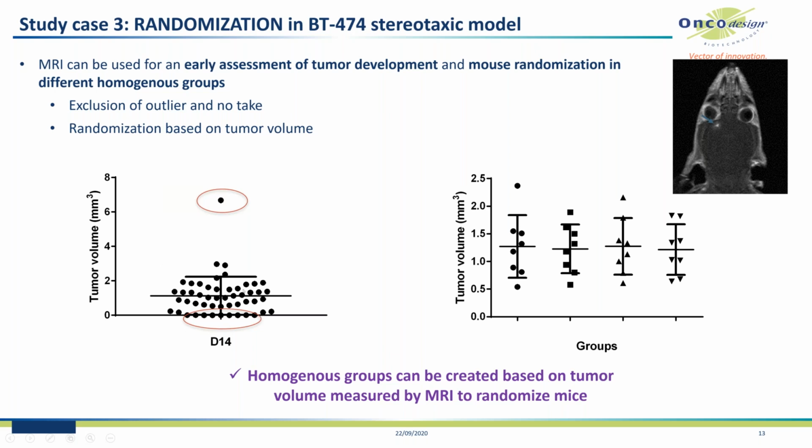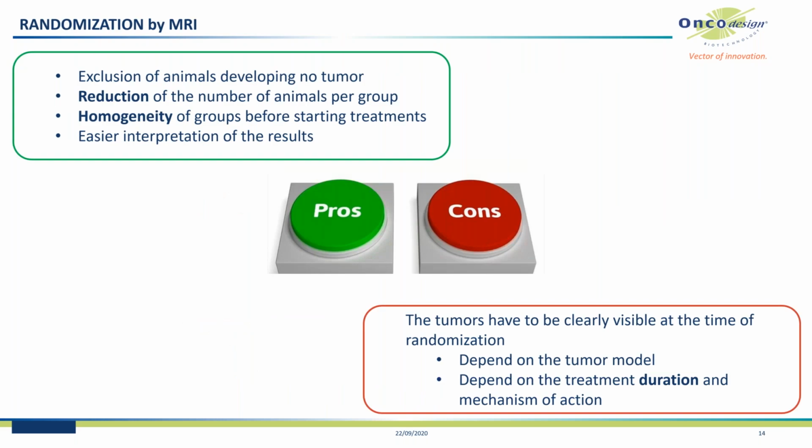Then the other mice can be put in different groups, and we can start a study with homogeneous groups. So this is an advantage of MRI.